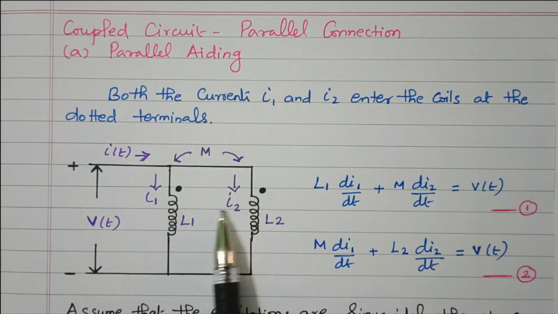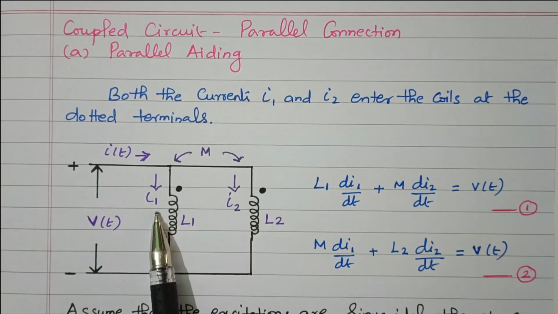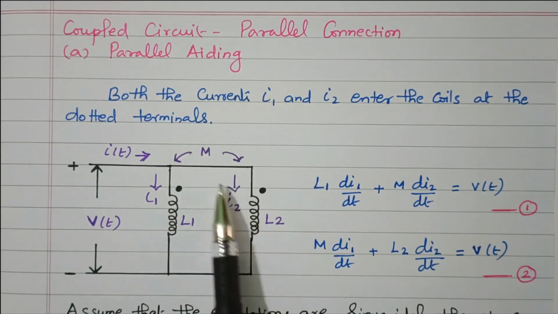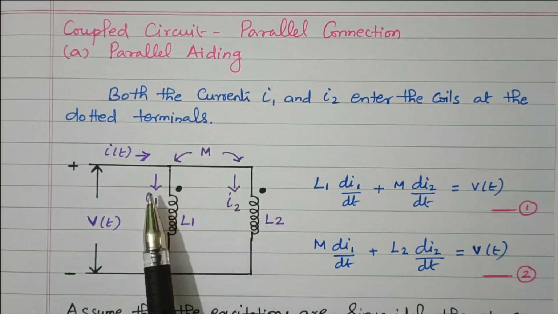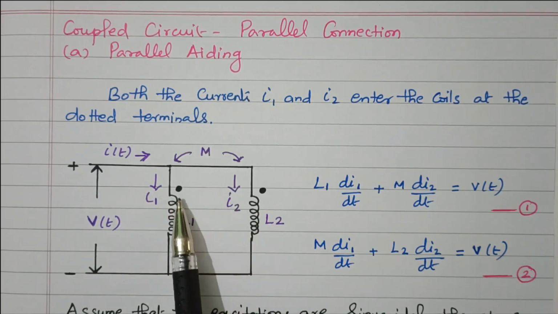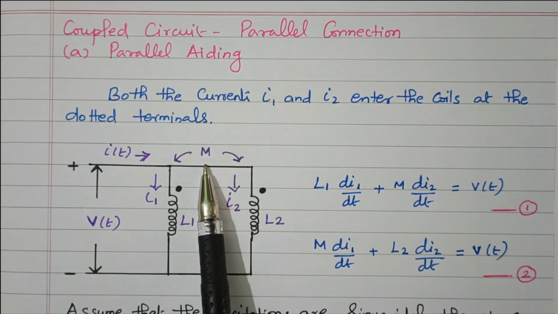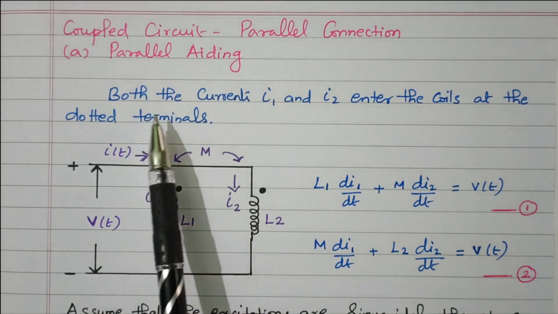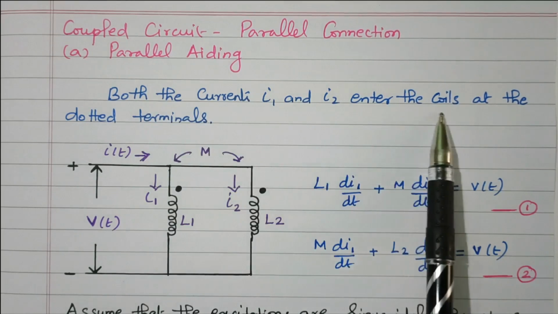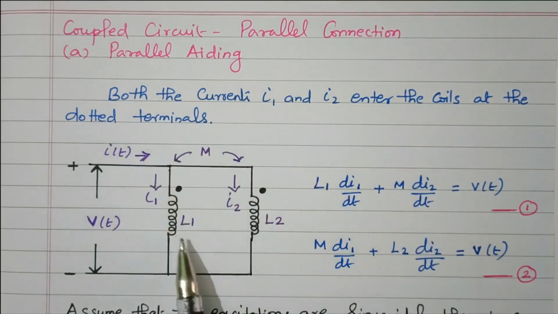So due to this, it is coming under aiding. The mutual inductance is added together. This is a mutual inductance M between L1 and L2. Current enters at the dotted end, so it is coming under parallel aiding. Both currents I1 and I2 enter the coil at the dotted terminal.